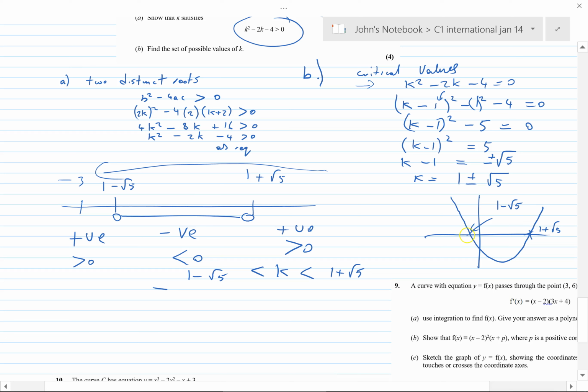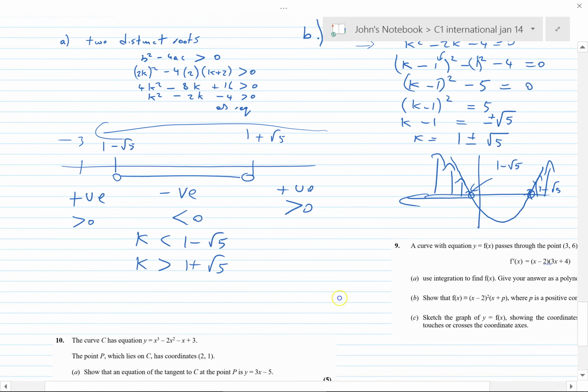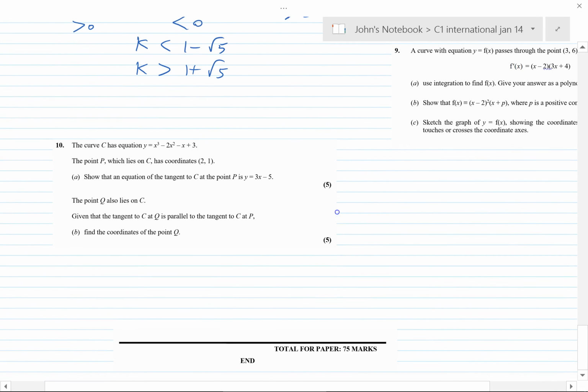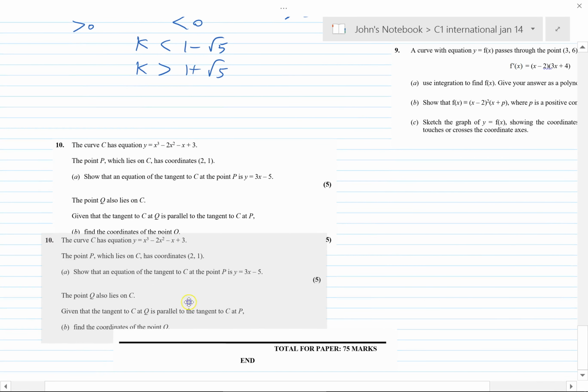And we want it to be above. Also, I've got the actual thing the wrong way around, of course. We want it to be above. So we've got k has got to be less than 1 minus the square root of 5, and k has got to be greater than 1 plus the square root of 5 in order for it to be positive. So take your pick there, either one is fine.